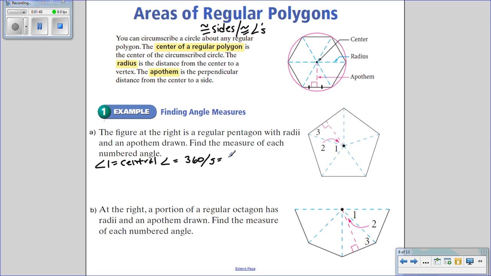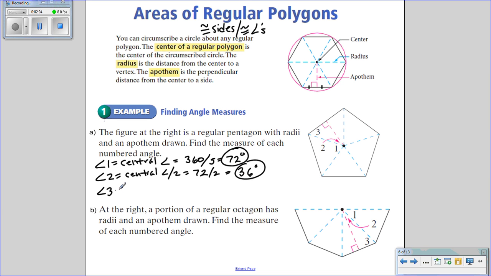So 360 divided by 5 is 72. Angle 2 in this diagram is created by the apothem and a radius, and this is going to be the central angle divided by 2. So in this case it's 72 divided by 2, which is 36 degrees.